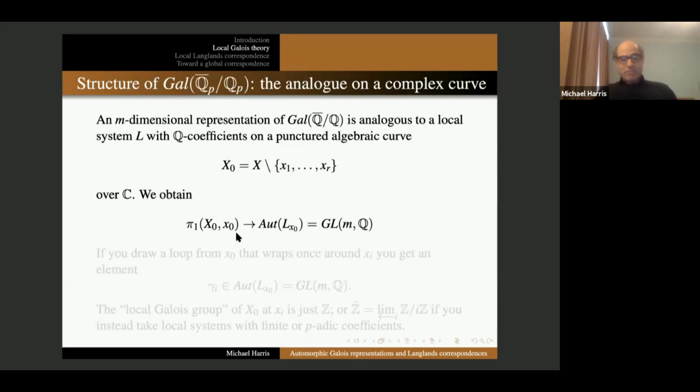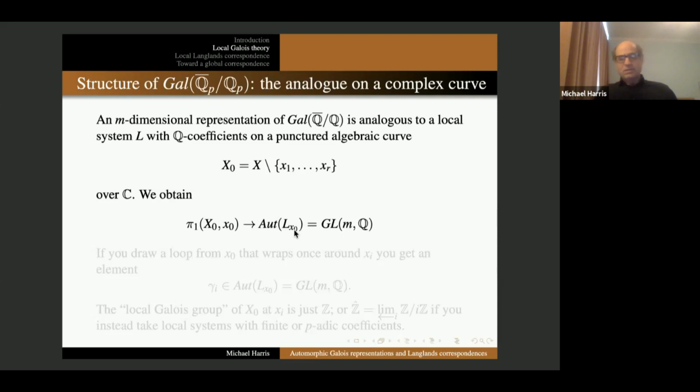Now take a point, x0, which is not one of these points, and we get a homomorphism of the fundamental group: the fundamental group acts on the fiber of the local system at a fixed point.